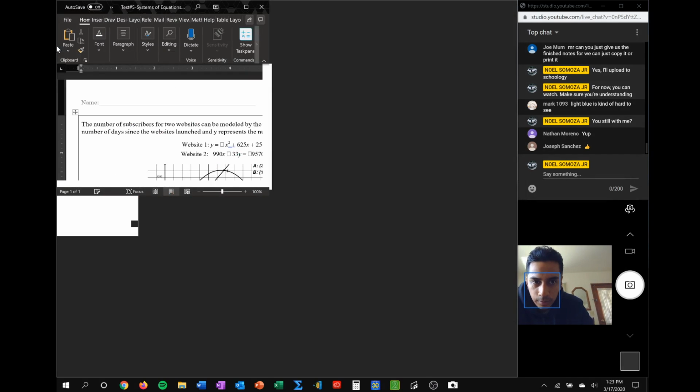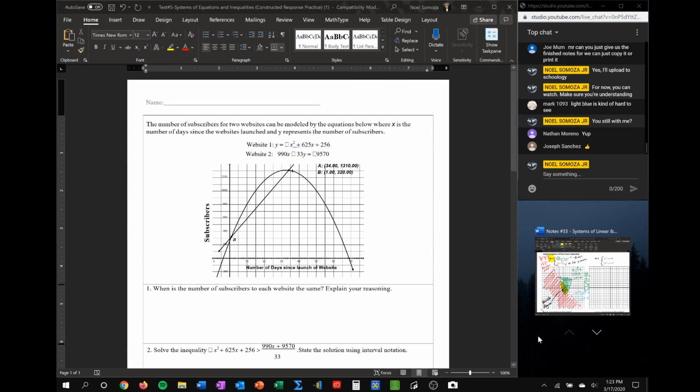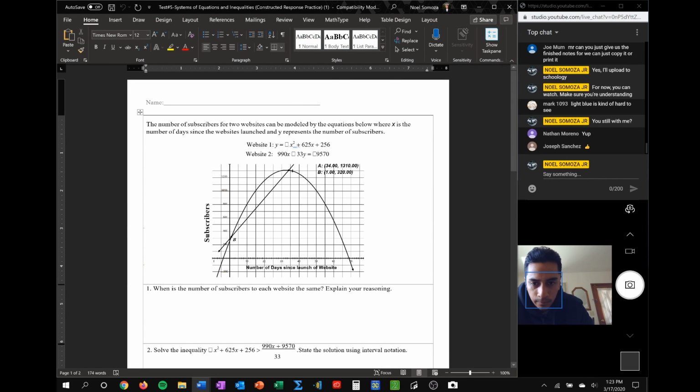Okay, this should be good now. So this actually should say negative. This should say negative. This should be negative as well.